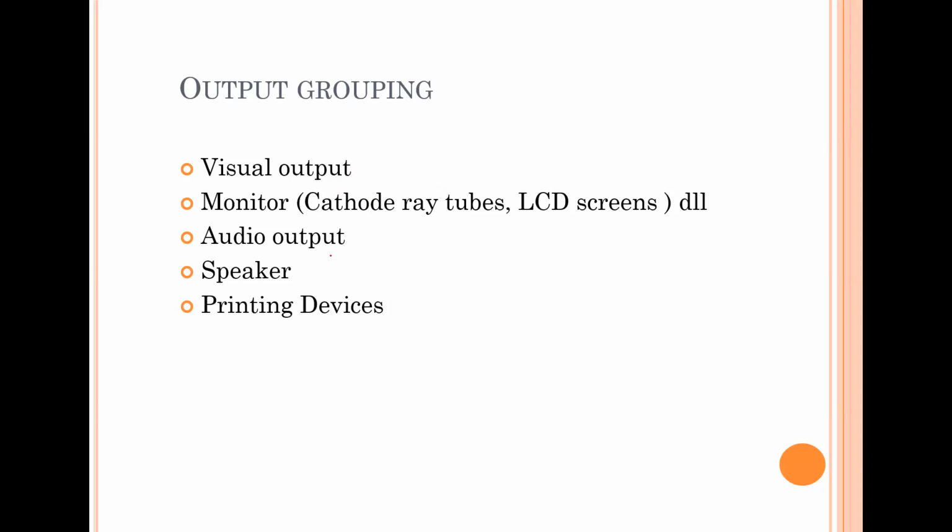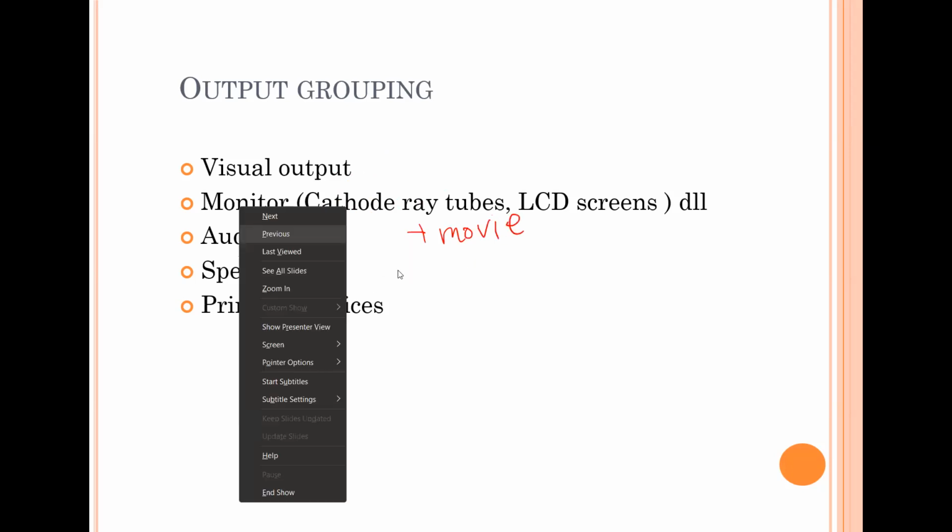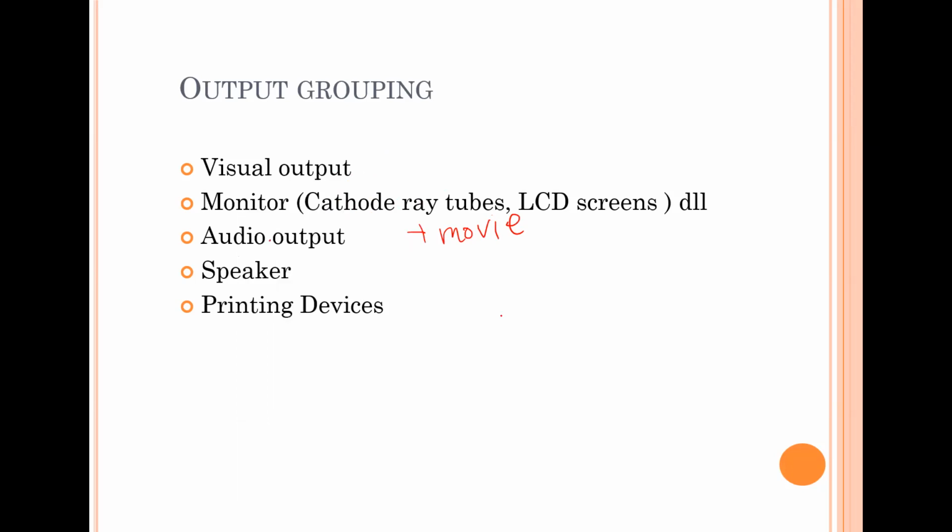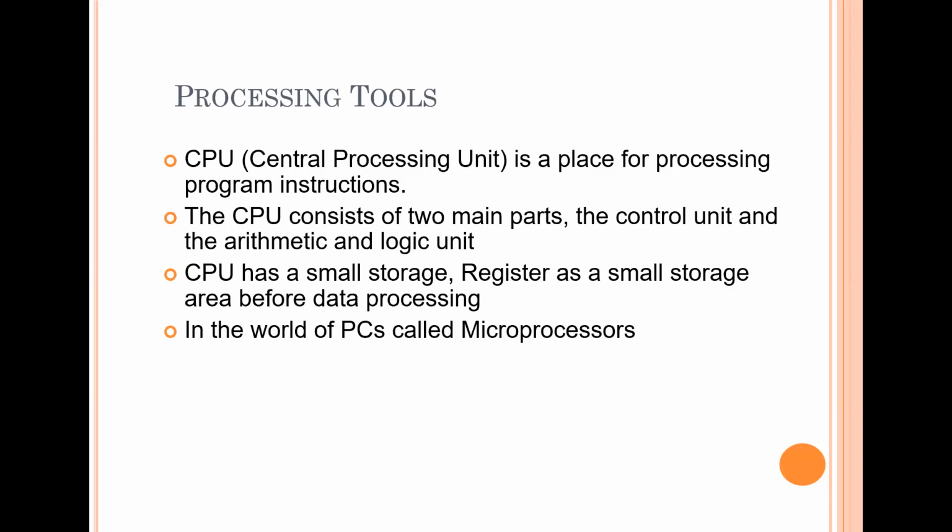And then the audio output, so probably this is related when you are editing a movie that contains audio, and also visual output, speaker, also printing device. Probably if you are writing down a report, that could be a paper-based report, or it can be digital.